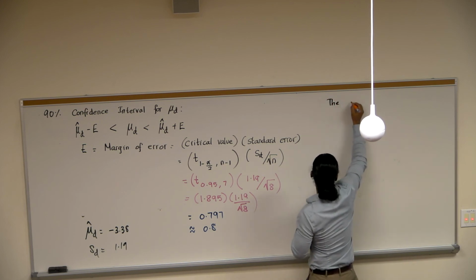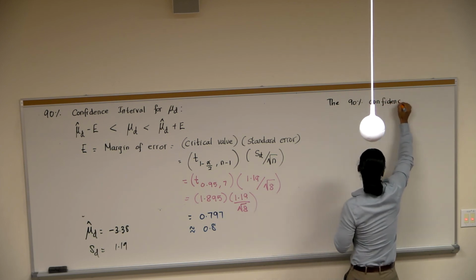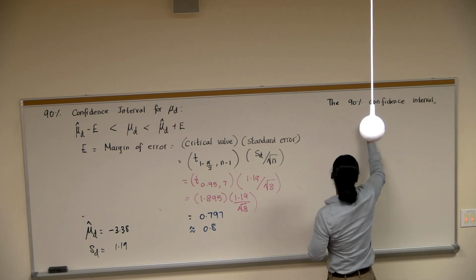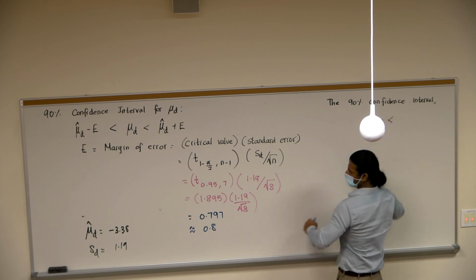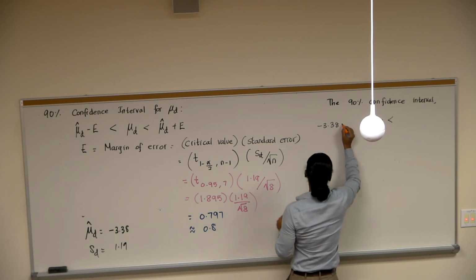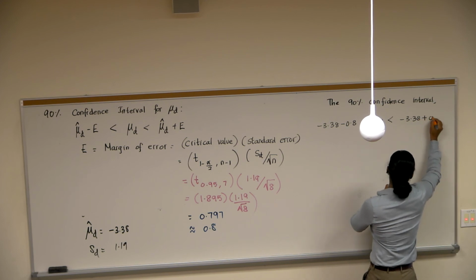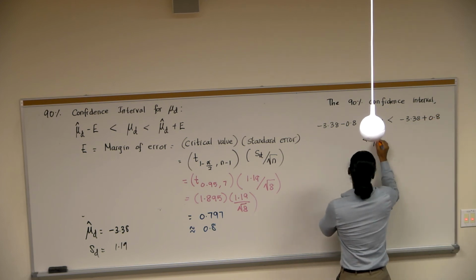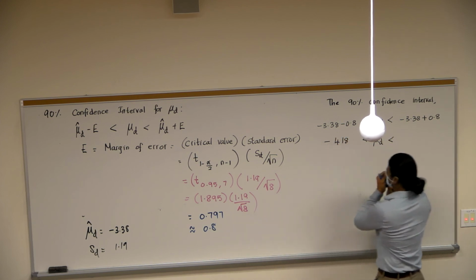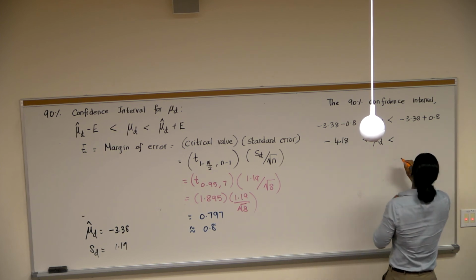So the interval would be negative 3.38 minus 0.8 and negative 3.38 plus 0.8, and that would be negative 4.18, and this is negative 2.5.